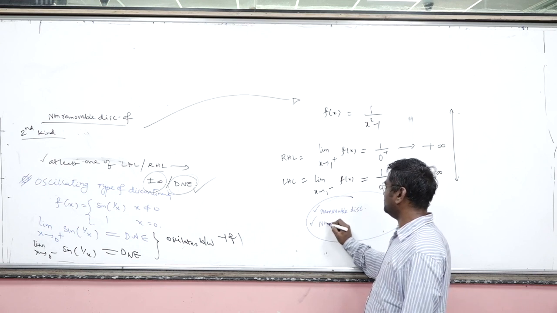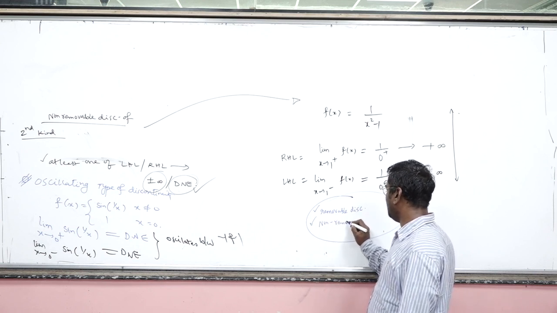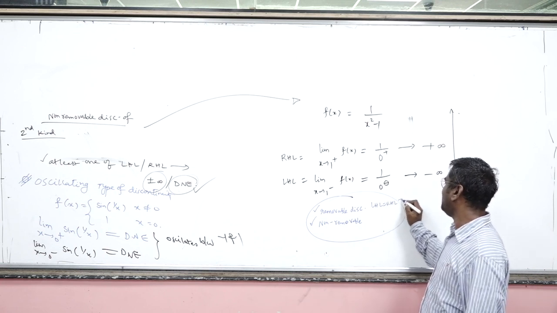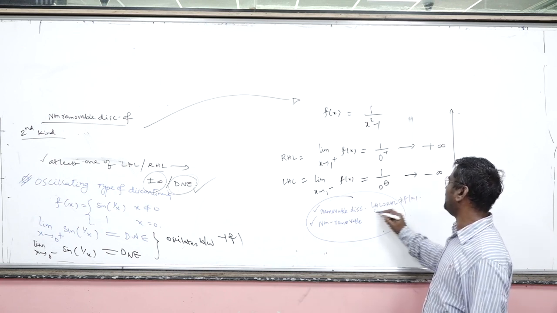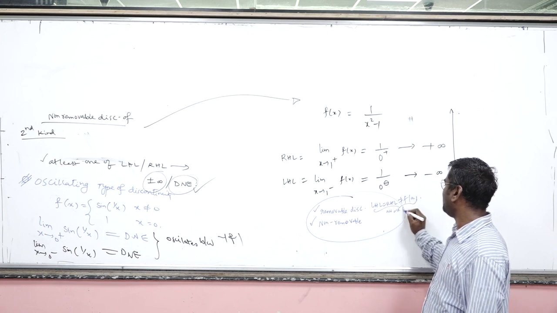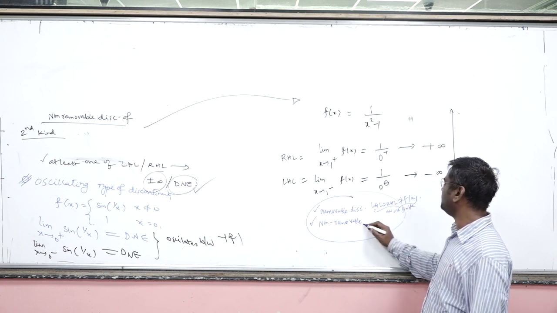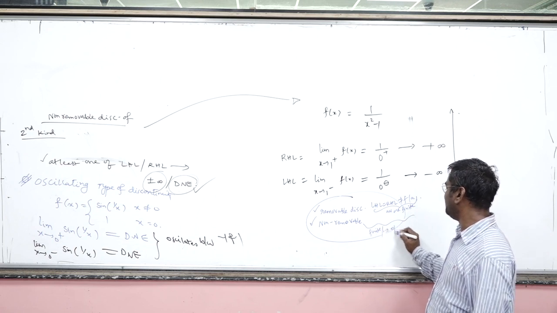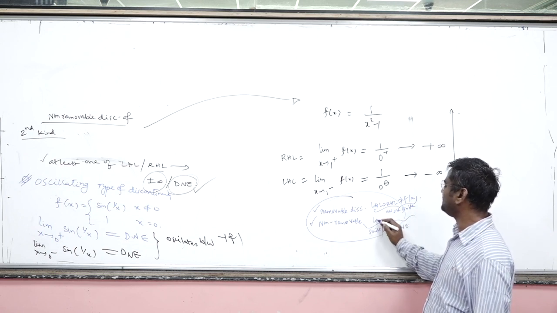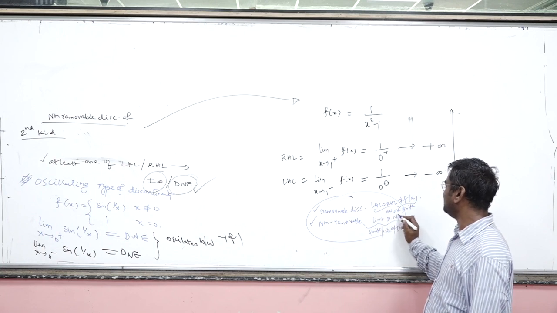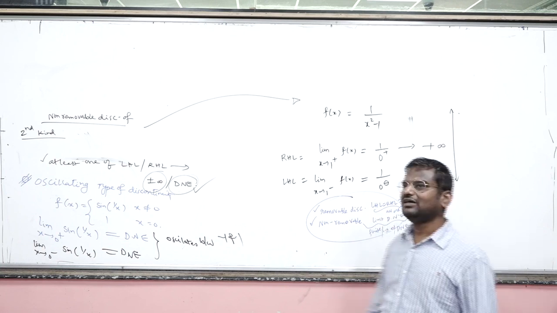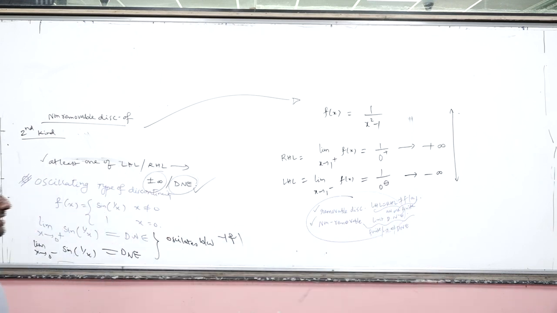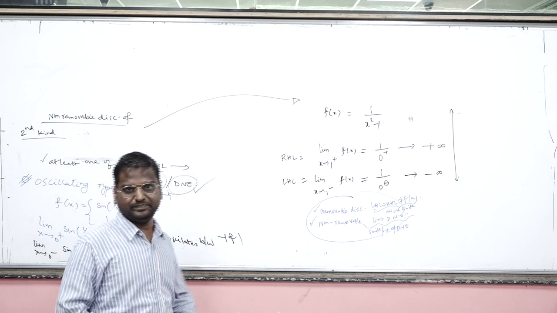What is non-removable discontinuity? Removable discontinuity means LHL equal to RHL not equal to f of a, and all are finite. Non-removable, all can be finite or plus minus infinity or does not exist, in which case the limit does not exist. LHL not equal to RHL or tending to plus infinity or minus infinity. That is the simple summary.